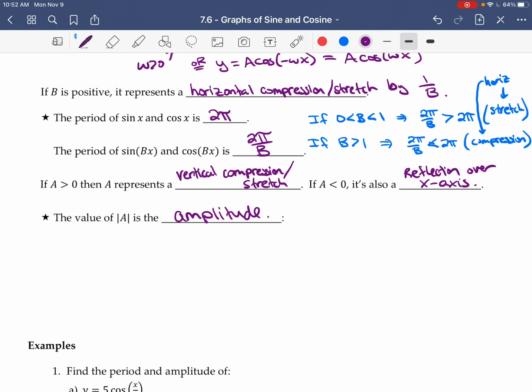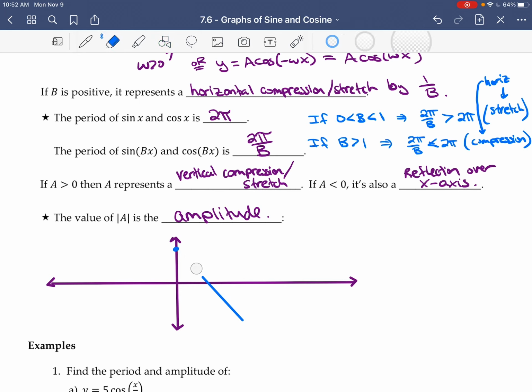Okay, so the reason for that, let's just draw a graph here. I'm going to draw a cosine graph. So it starts up here, goes down to the negative bit, and then it comes back up, and it continues like that.